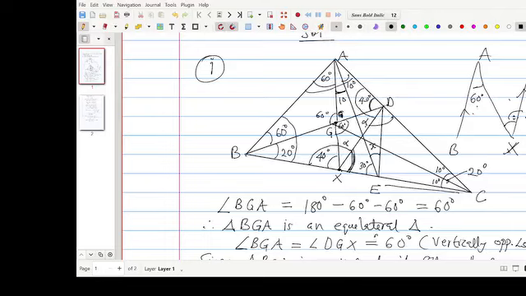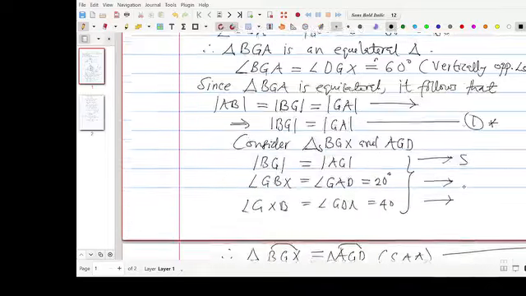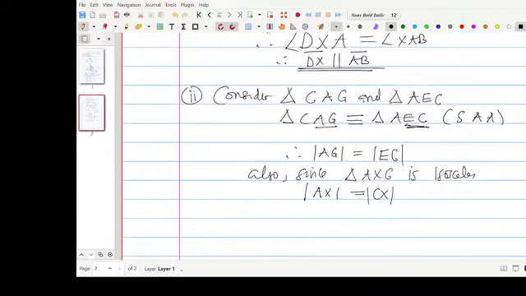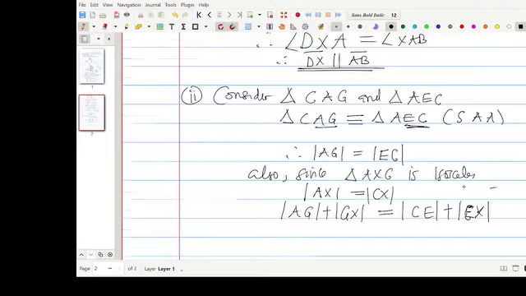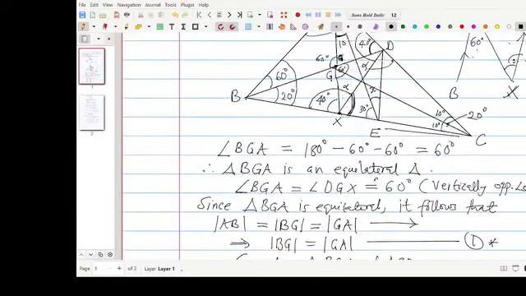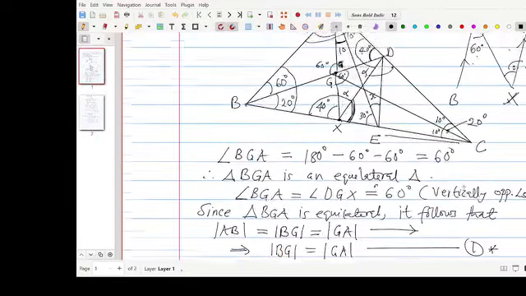AOX, COX. Now, the length AOX can be broken into AG plus GX. So I can come here and write AG plus GX in the place of AOX, all right? Equals to now CX, the same thing with CX. CX will be CE plus EX, all right? Let's look at it. Can you see that? CE plus EX.